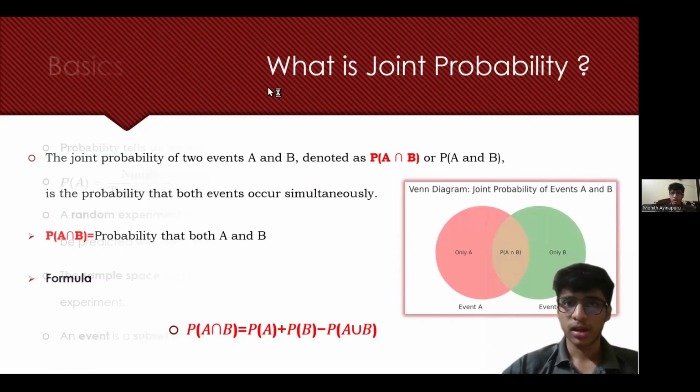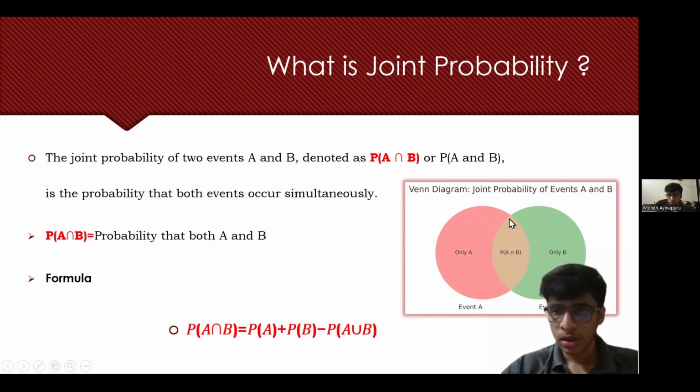Moving to next slide, what is joint probability? The joint probability of two events A and B is denoted as P of A intersection B, or P of A and B. P of A intersection B generally tells the common outcomes.